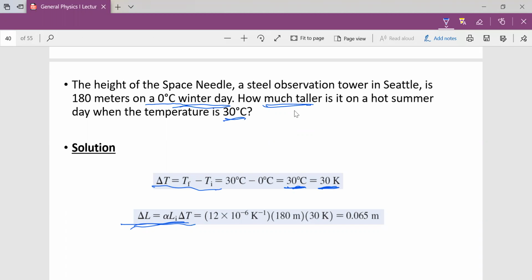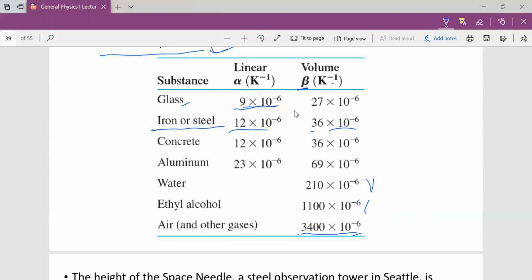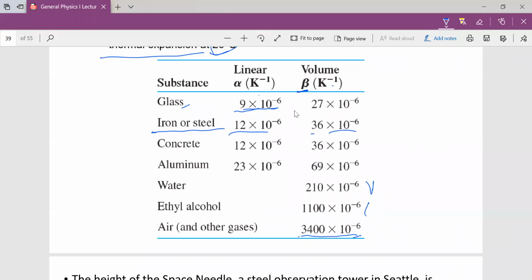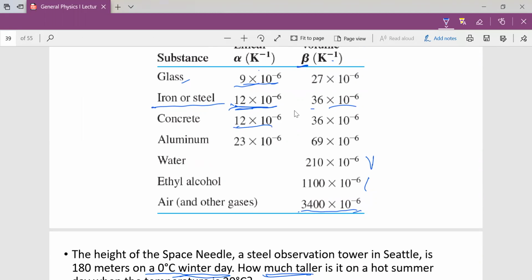Okay, so if we apply 30 Kelvin into the formula for the linear thermal expansion, we'll have this. Now, we'll have the coefficient of linear thermal expansion, still from the table, for iron and steel. So we see the value for iron and steel and concrete being the same.